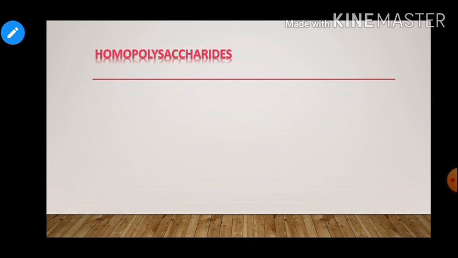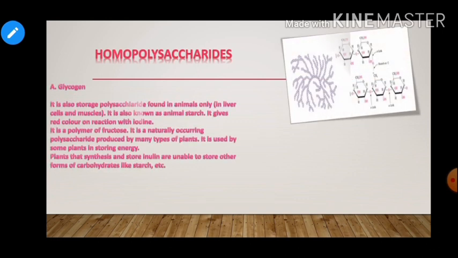First of all, let us discuss glycogen. Glycogen is the main reserve food material of animal cells. That is why it is known as animal starch, because in plants the reserve food material is starch.